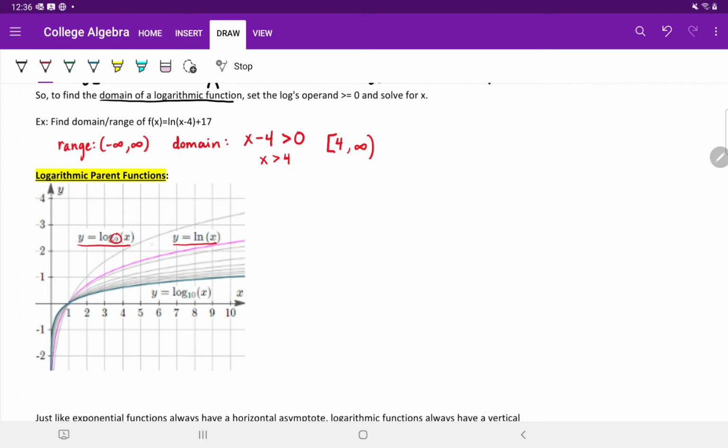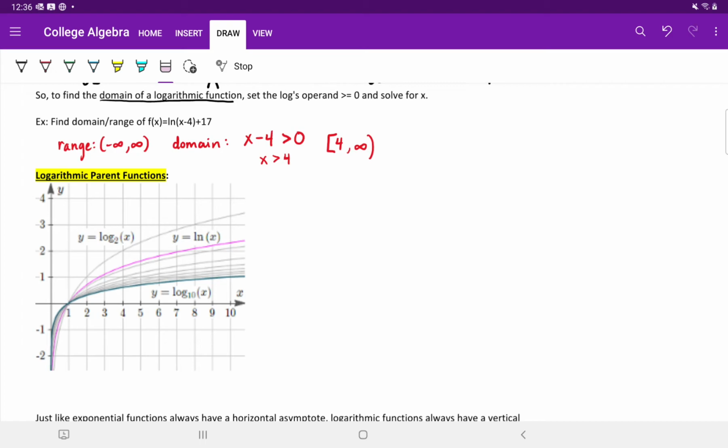So we have log base 2, log base 2.71, and then it keeps going down each time, and then they show us log base 10, which is all the way down here. So each logarithm, each base, is going to have a different parent function, just like exponentials, and they're getting closer and closer to the x-axis as we make that base bigger.